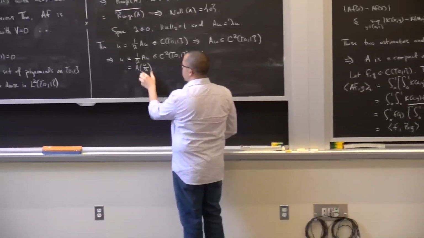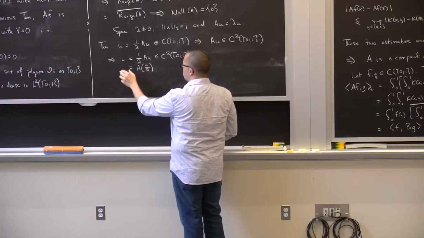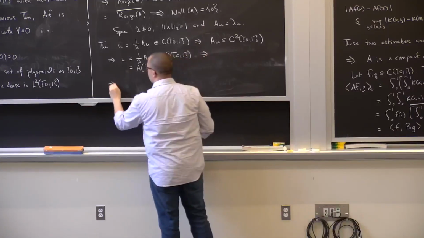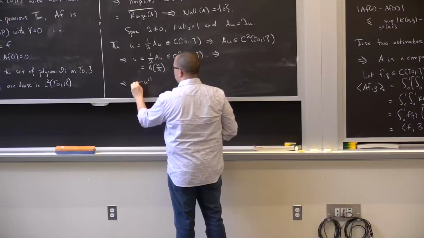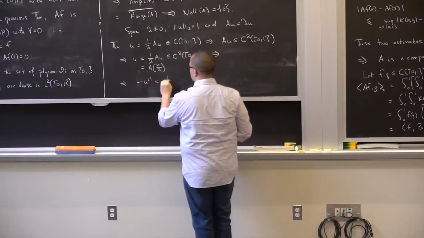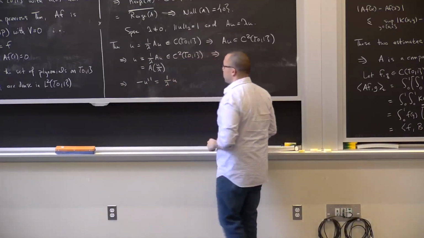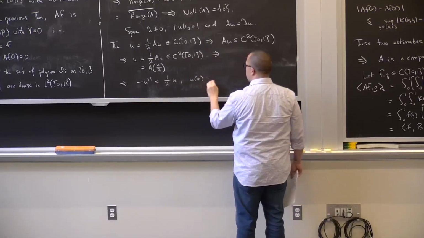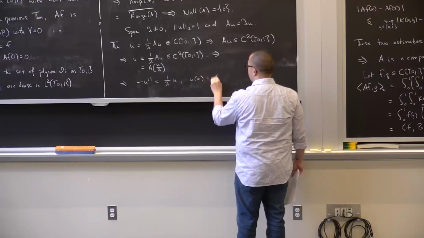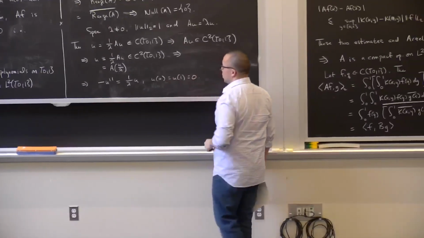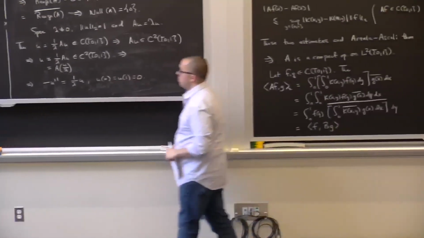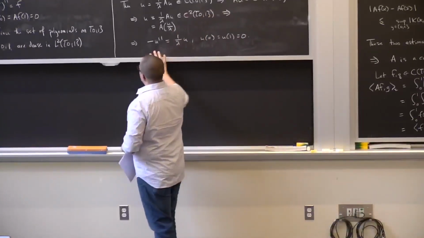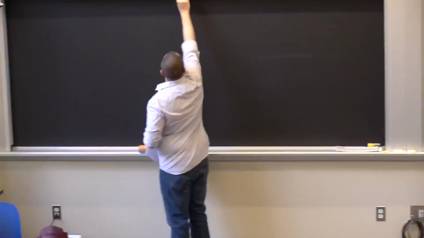Now, A applied to something is the unique function whose second derivative times minus 1 gives me that thing inside. So I conclude that minus u double prime equals 1 over lambda times u, along with the boundary conditions u of 0 equals u of 1 equals 0. Okay. But now I know how to solve this equation.